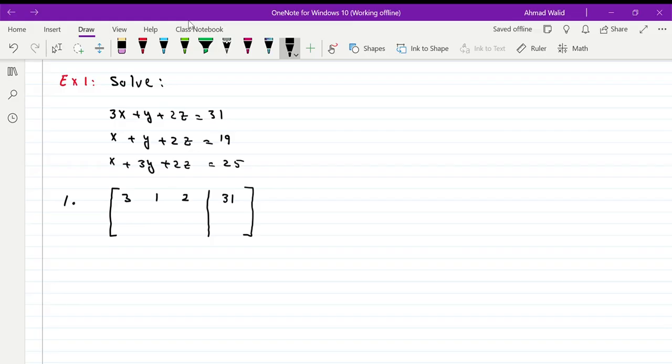If you have a negative, do not forget the negative, correct? Because if you forget, what you solve is wrong. Equation number 2: 1, 1, 2, 19. Equation number 3: 1, 3, 2, 25. You are done with step 1. Step 2.